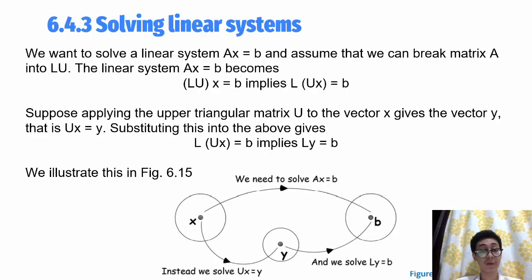Solving linear system. We want to solve linear system Ax equals B and assume that we can break matrix A into LU. The linear system Ax equals B becomes LUx equals B. Suppose applying the upper triangular matrix U to the vector x gives the vector Y, that is Ux equals Y. Substituting this into the above gives LY equals B. This is the illustration in figure 6.15.